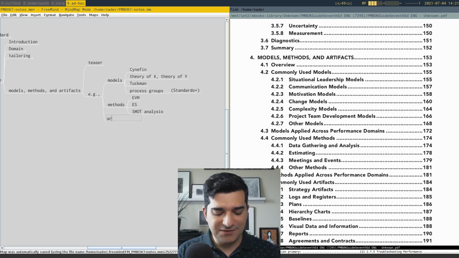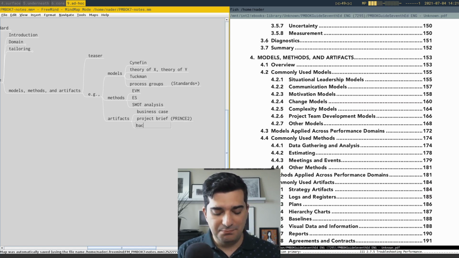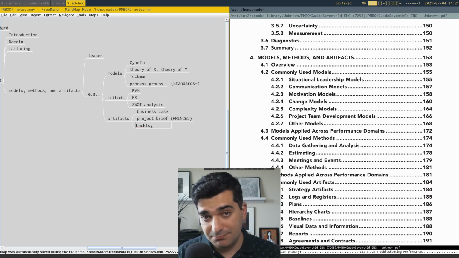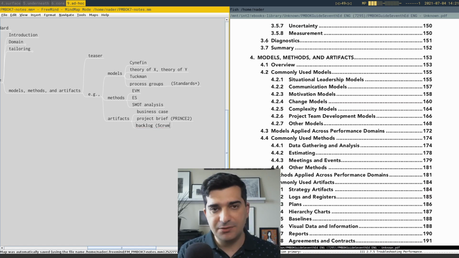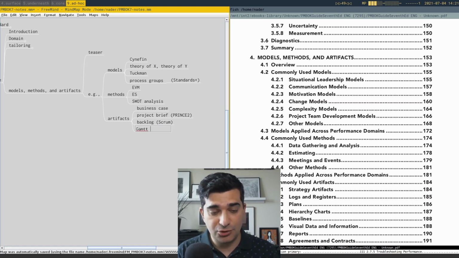And for the artifacts, it mentions a lot of things. For example, business case, or project brief, which is a Prince2 concept, backlogs, which is typically a Scrum concept, and so on, or Gantt chart.